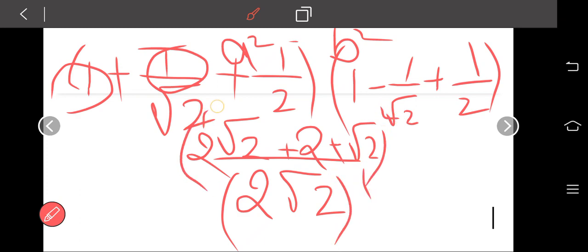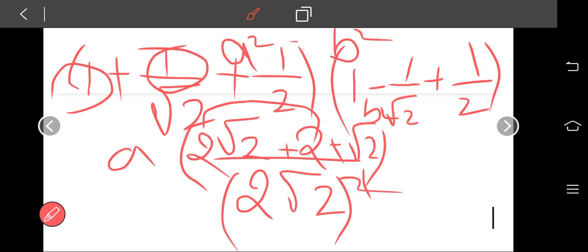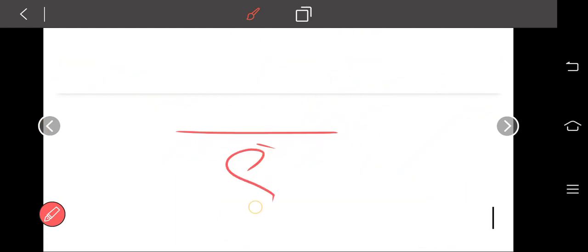Let's take this part as a, this as b. So what is the value of this? Let me take another slide. Here, root and square get cancelled, so 2 square is 4, 4 into 2 is equal to 8. So we got the denominator 8.